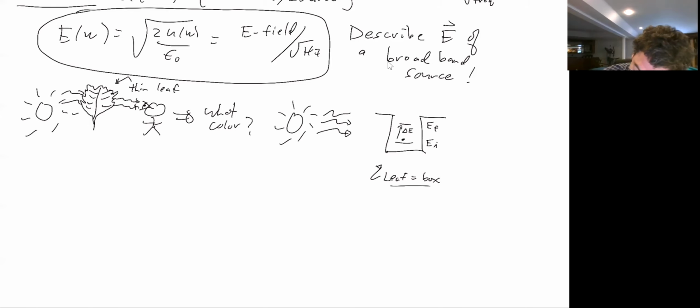And so then what is happening? How does this work? Some of the light gets absorbed, so light is absorbed, and then light is transmitted.